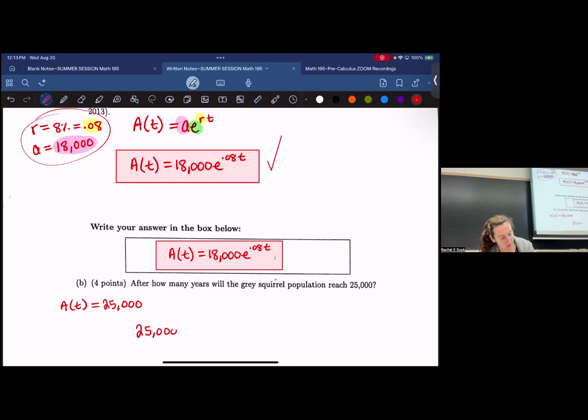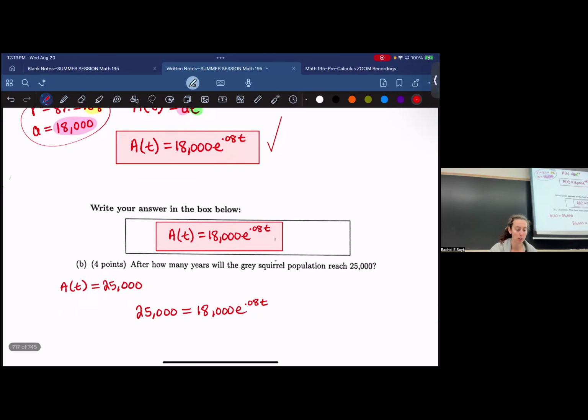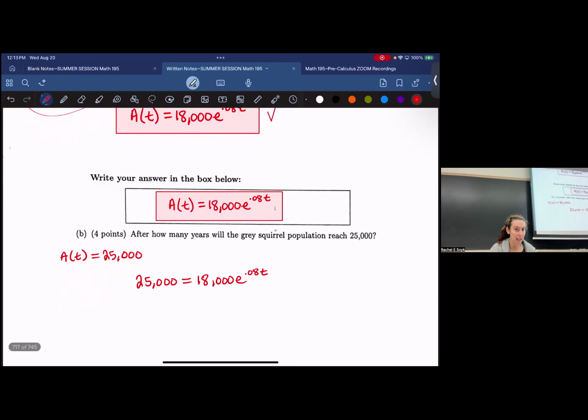So we get 25,000 is equal to 18,000 e to the 0.08 t. And because this is a final exam and we're not allowed calculators, we want to keep this in exact form. So we just essentially isolate the t, get our answer, and boom.